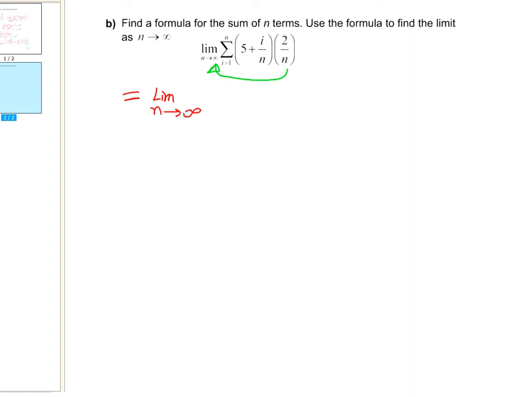So it will be 2 over n times sigma from i equals 1 to n of 5 plus i over n.